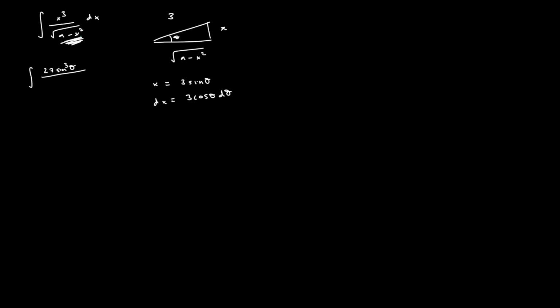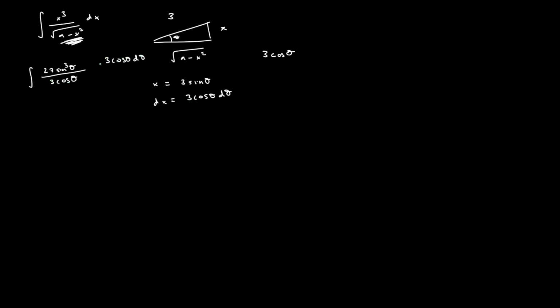And the square root of 9 minus x squared is simply equal to 3 times cosine of theta, because that's the adjacent divided by the hypotenuse, so 3 times cosine theta. And then substituting for dx, we get 3 times cosine theta d theta.